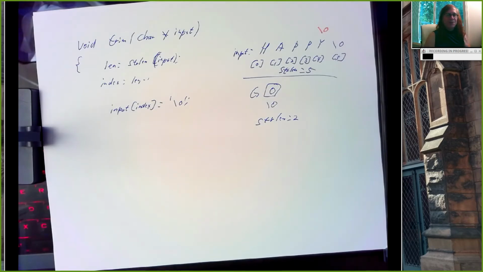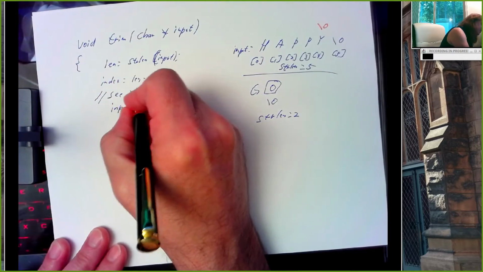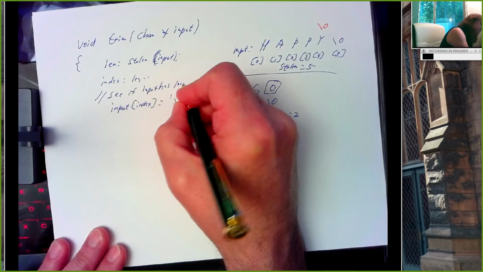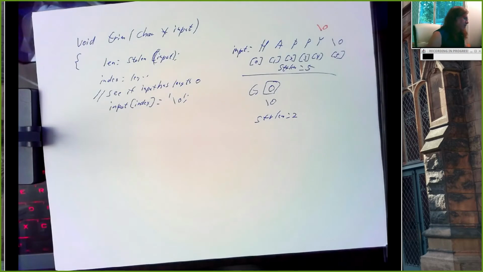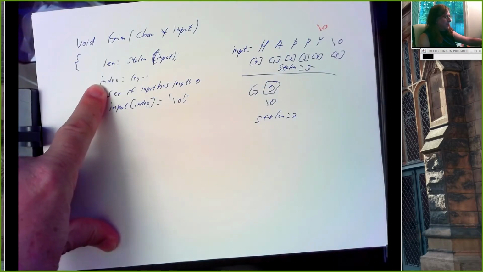And that's really all you need to do, except for one other detail, which is to see if input has length 0. Because if the input happens to have length 0, index is going to be minus 1.